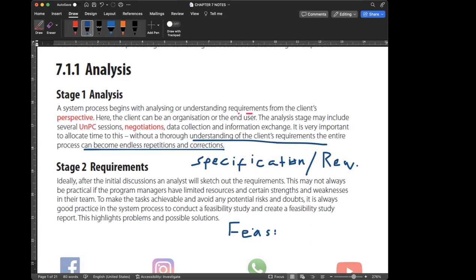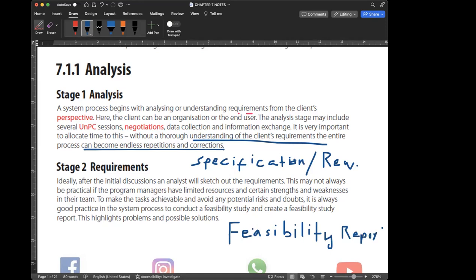The feasibility report tells you what things are required to make a program. So these are some words we need to use in our analysis stage.